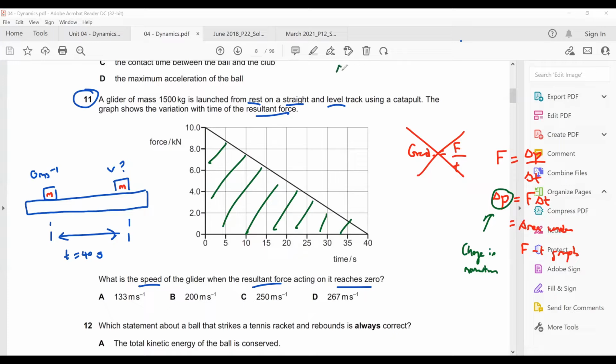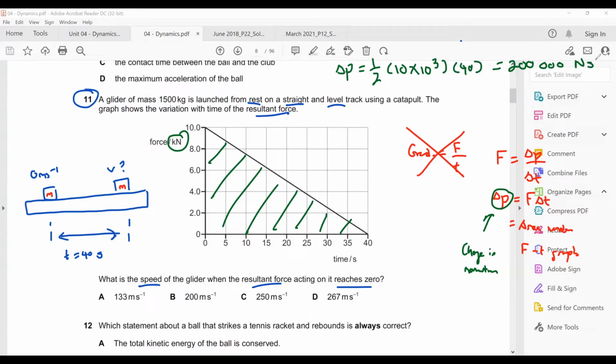So now the change in momentum is just going to be the area of a triangle. It's just going to be 10 times 10 to the power 3, because you have kilonewtons, multiplied with 40 times 0.5. You're going to get 200,000 Newton second.